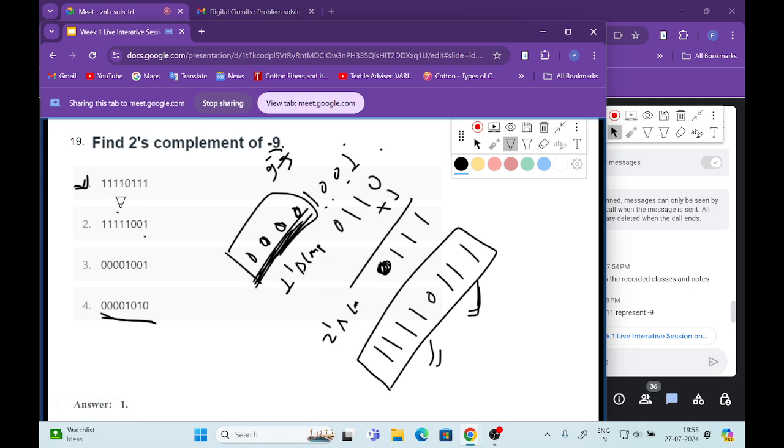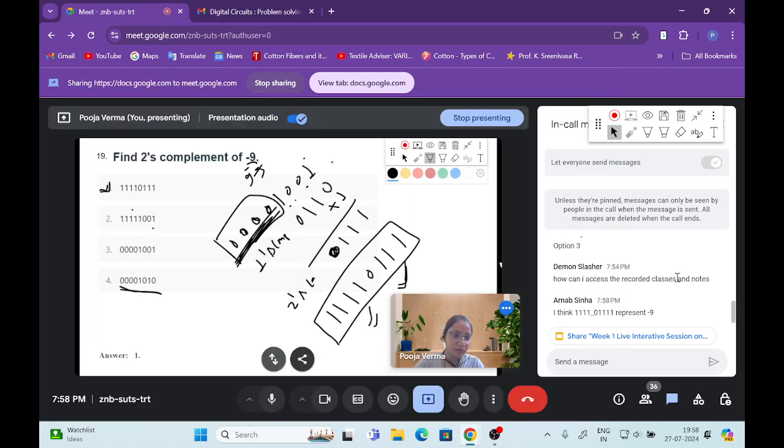Right? 4 times 1, then 0, then 3 times 1. So just check with the 1's and 2's complement. You will get 0 1 1 0. It's not 4 times. Just check your answer. No.